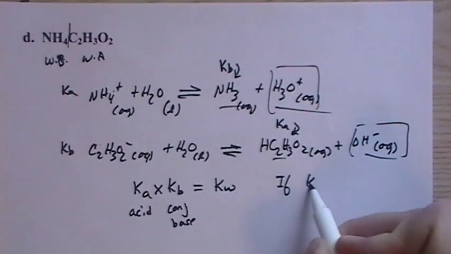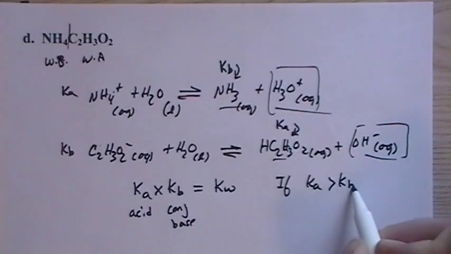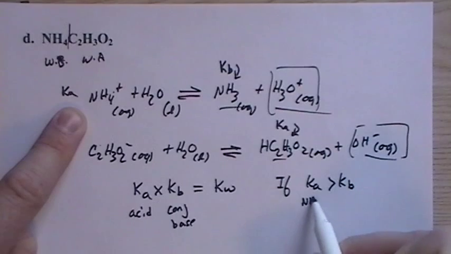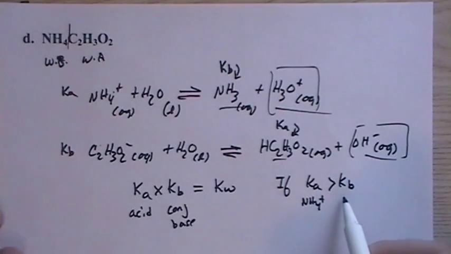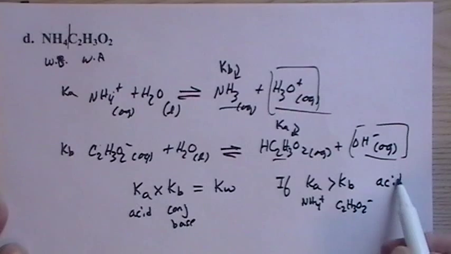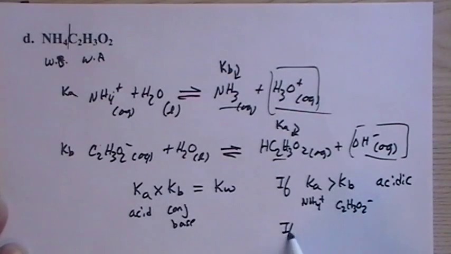So if the Ka for NH4 plus is greater than the Kb for C2H3O2 minus, then it will be acidic. If Ka is less than Kb for these species, then it will be basic.